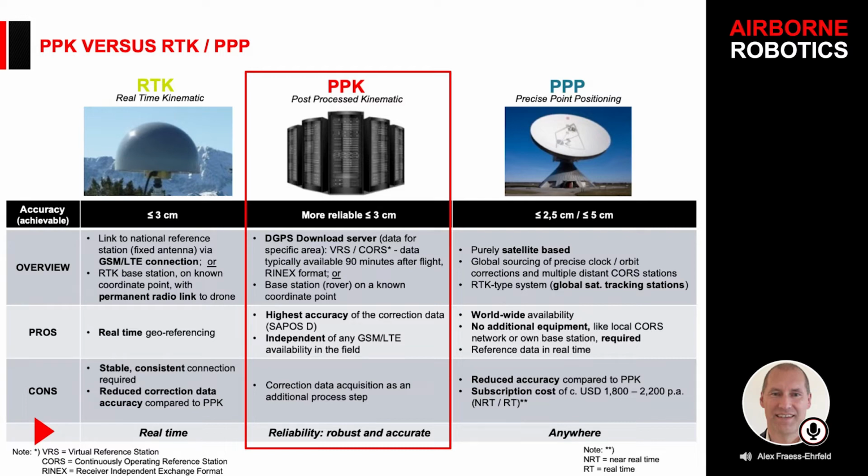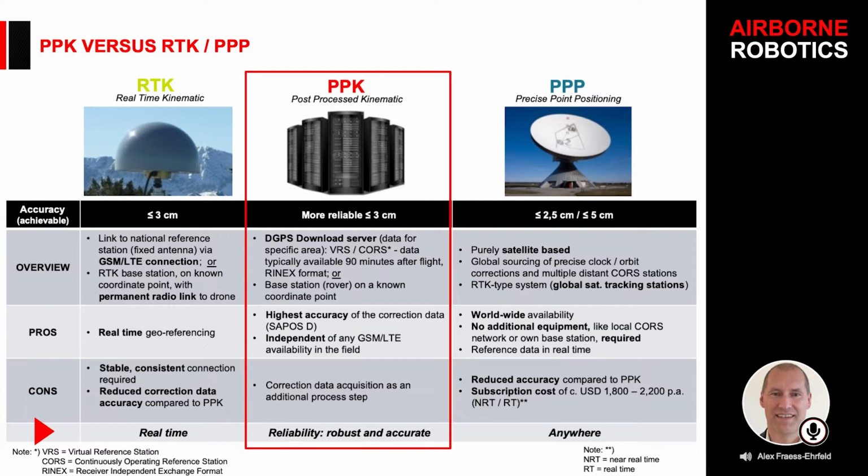So that's the advantage of PPK. You don't need this permanent link. So you do it in a post-processed workflow. And so it's more reliable, it's more robust, and the accuracy is also better. So we are looking at less than 3 centimeters, excuse me, of accuracy here. And then PPP, and that's why I hand over to Rob.